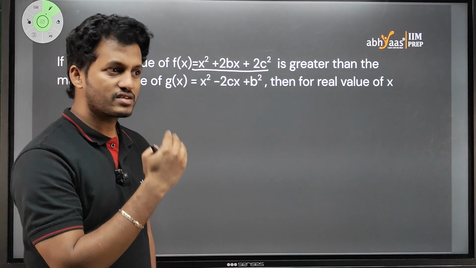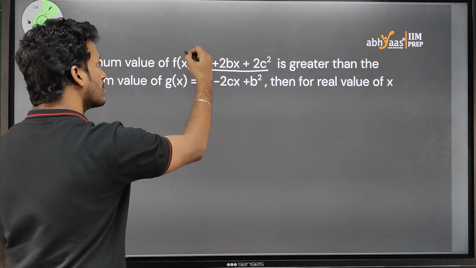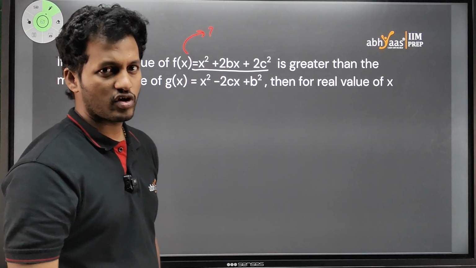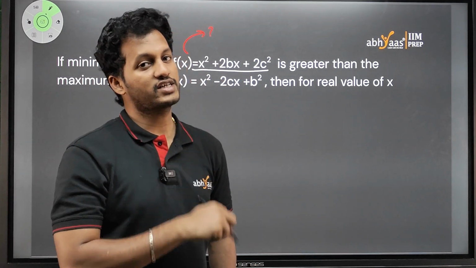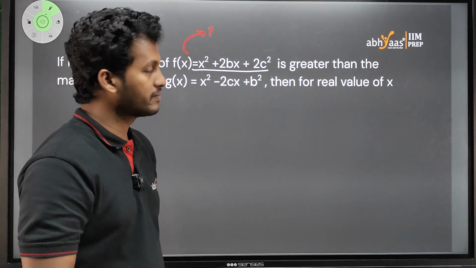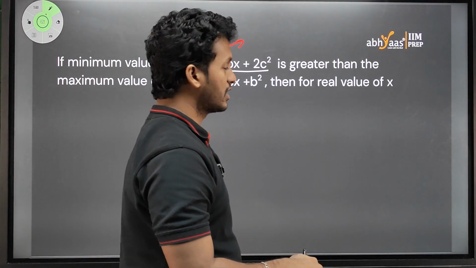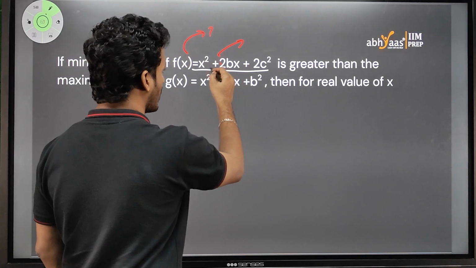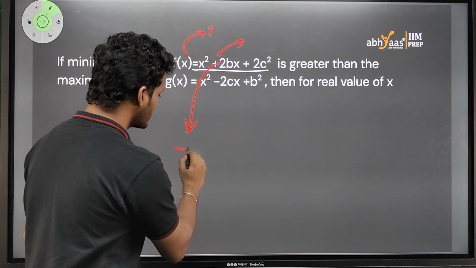In the previous videos, we have discussed how to find the minimum value of a quadratic equation. What is meant by the minimum value of a quadratic equation? It is nothing but the vertex of the parabola. Here, the parabola is open upwards. That means its minimum value is at x equals minus b by 2a.